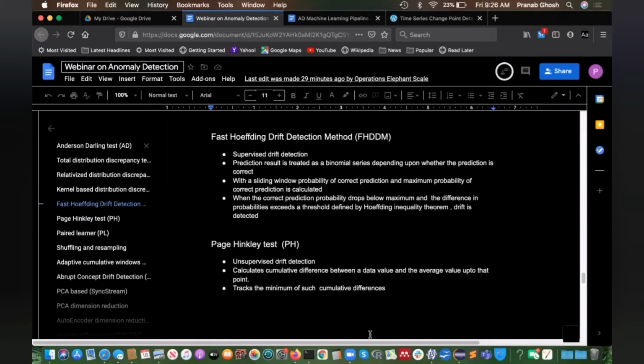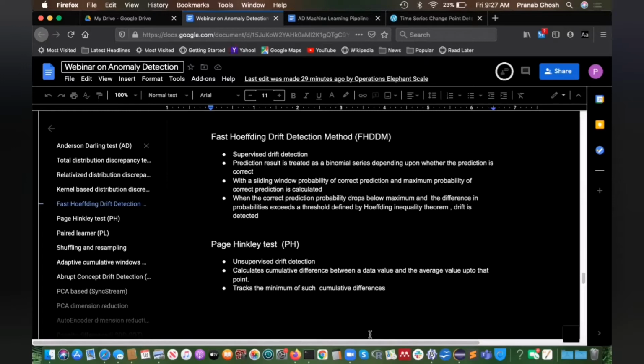Again, 1 means correct prediction, 0 means wrong prediction. Within that window, it calculates the probability of correct prediction, which is basically the ratio of the correct predictions, right? And as you're sliding the window, it also keeps track of the maximum.